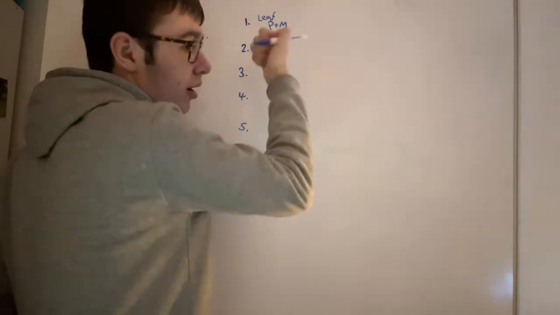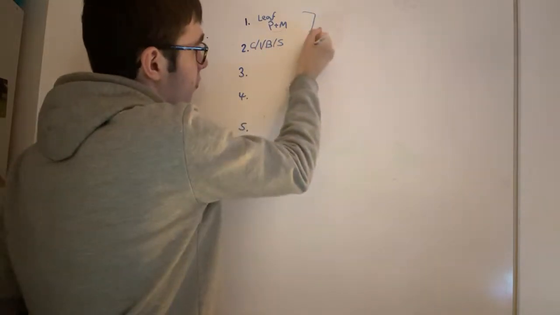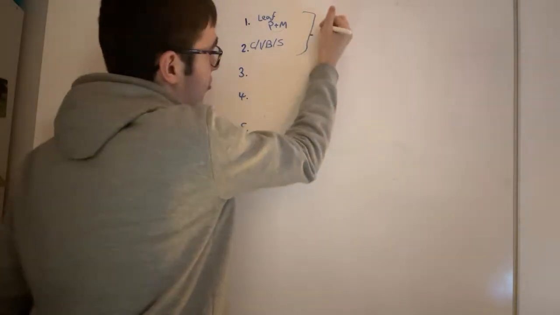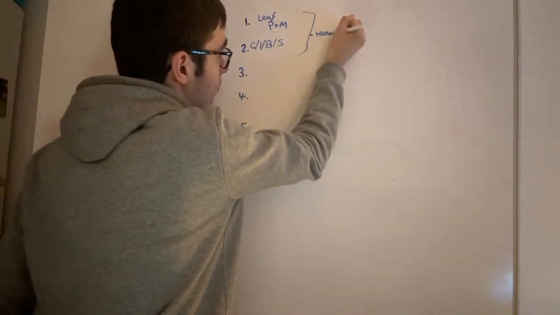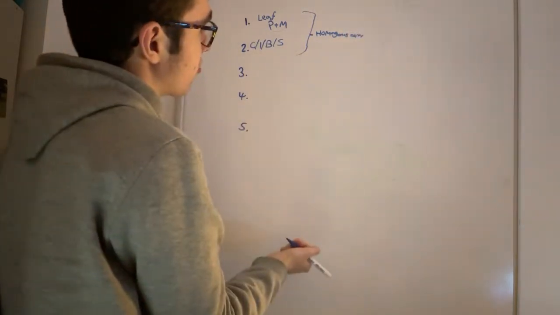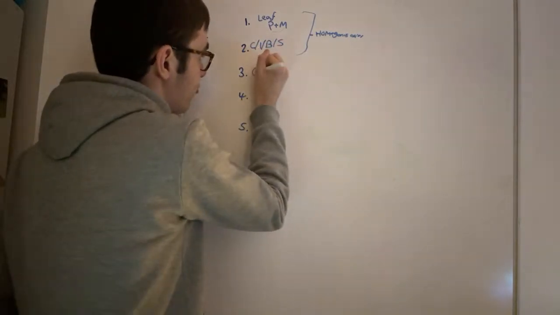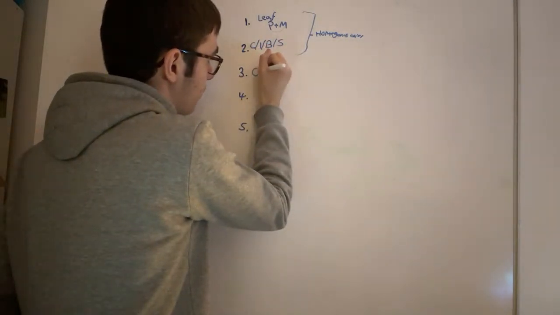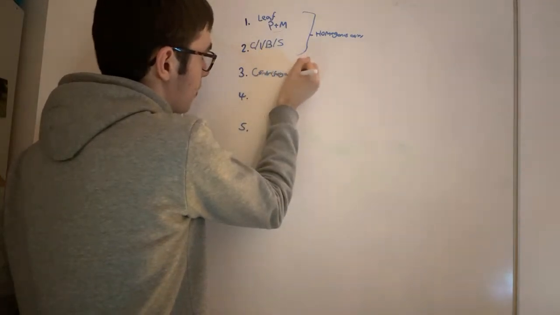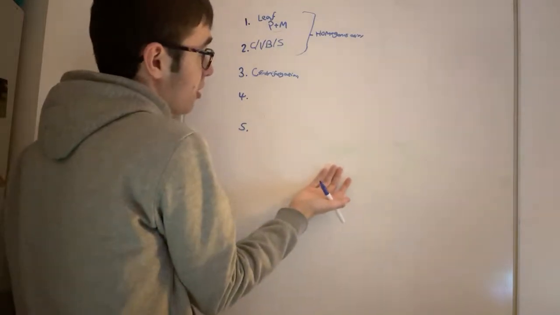Then, once you've mashed it down, that is your homogenization. That's a word. That's your homogenization done. So then you would place it in a centrifugation, and you would let that go for a certain amount of time.